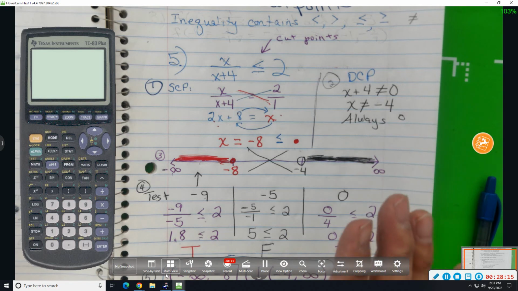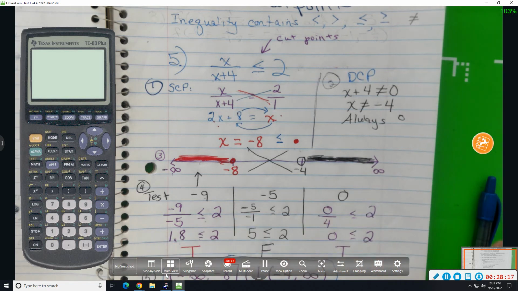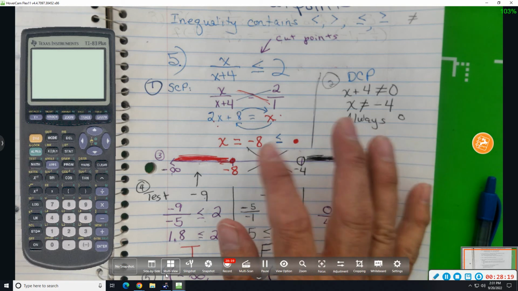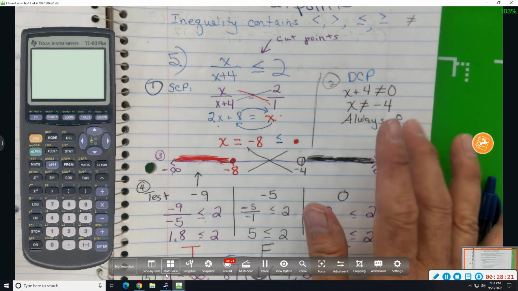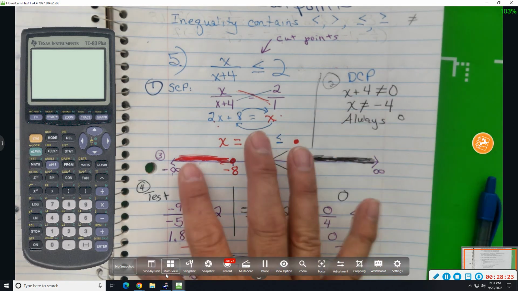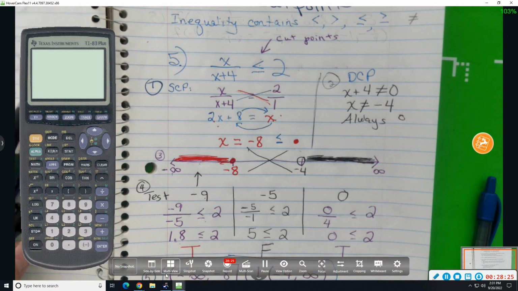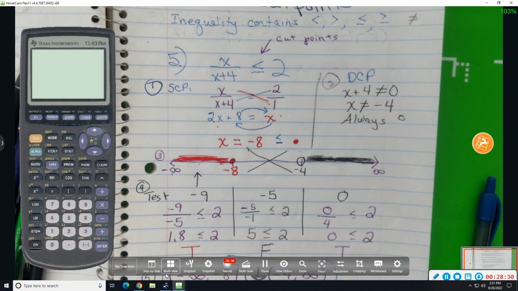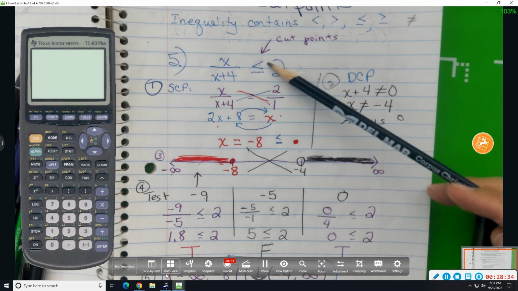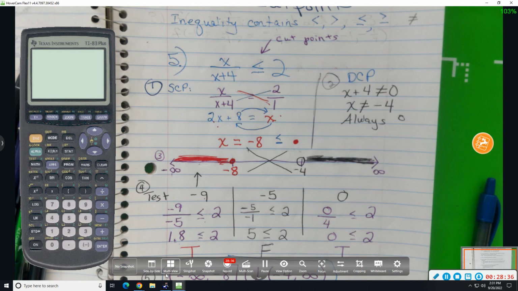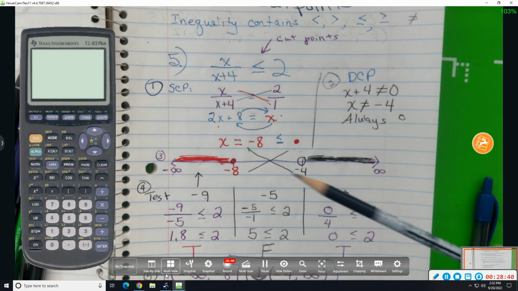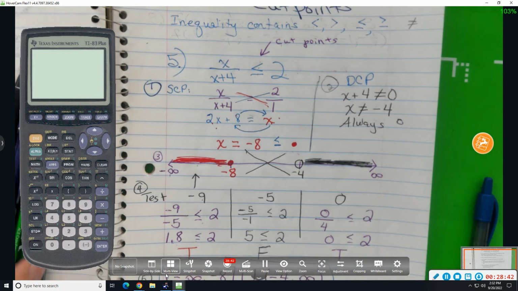Everywhere else, it's either bigger than 2 or smaller than 2. So you find where it equals, you find where it's undefined, then everywhere else it's bigger or smaller. And it can't change from smaller than 2 to bigger than 2 without passing through either equaling 2 or not being a number. Where is it equal? Where is it undefined? Anywhere else it has to be less than or greater than.